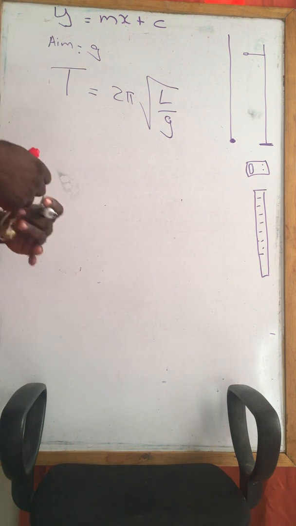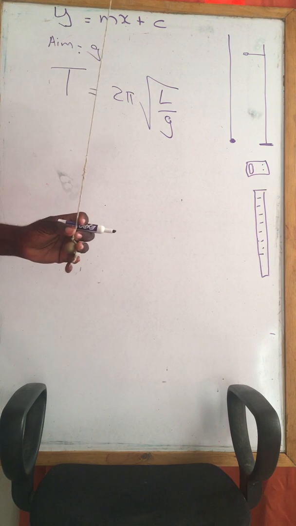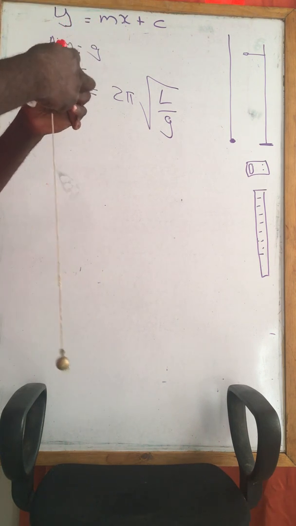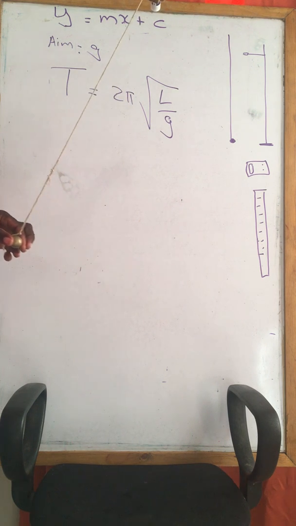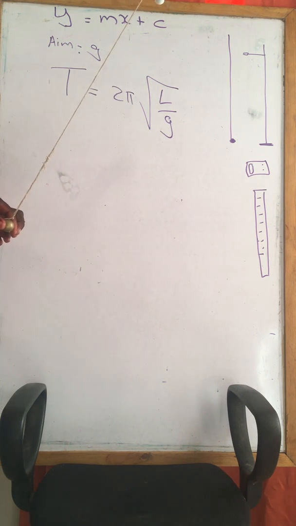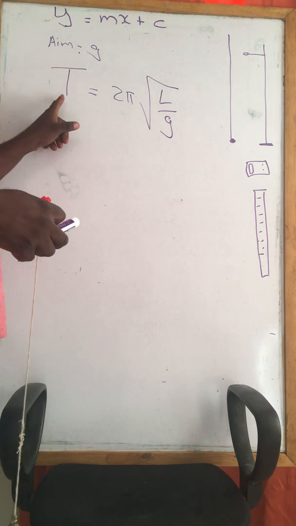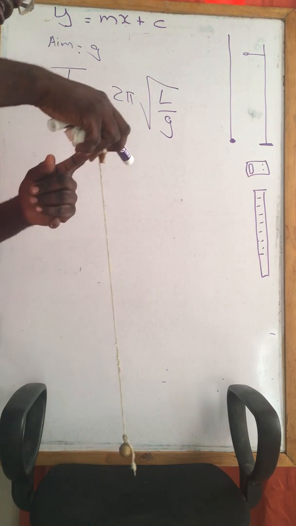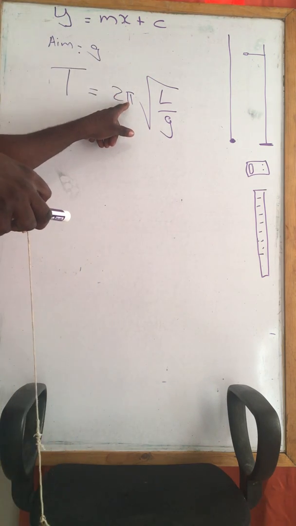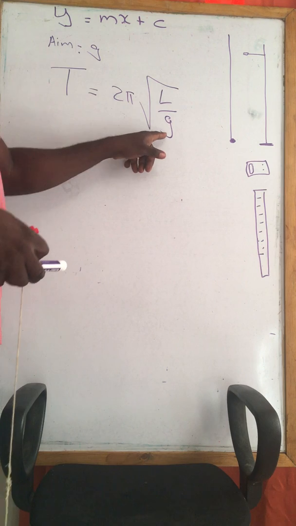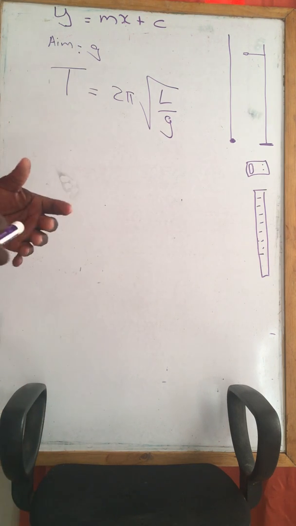Now, if you should take the timer and also just take one swing like this, you're going to start the timer concurrently and capture the time like that, to capture T. And you measure L right here, and you have your 2 pi, and then you're going to transpose and make G the subject of the formula.